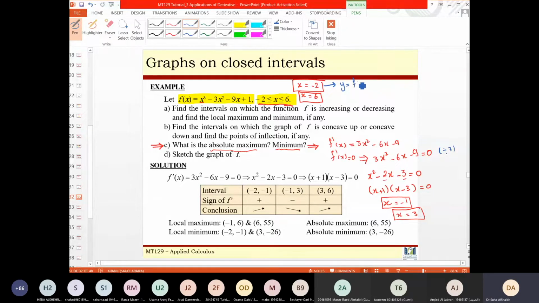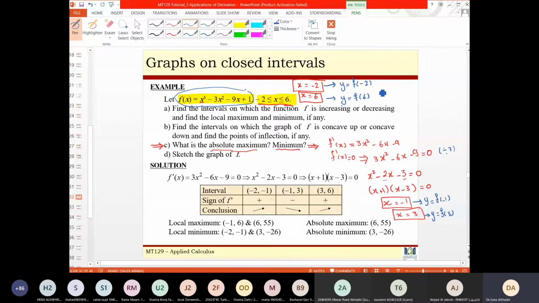How do I get the y? By finding f at minus 2. By finding f of 6. By finding f of minus 1. By finding f at 3. f at 3, meaning in the original function.